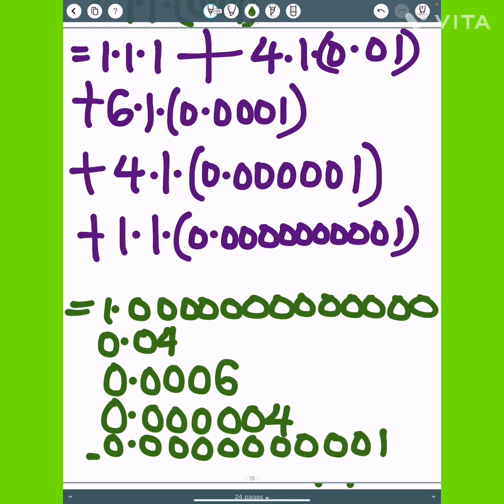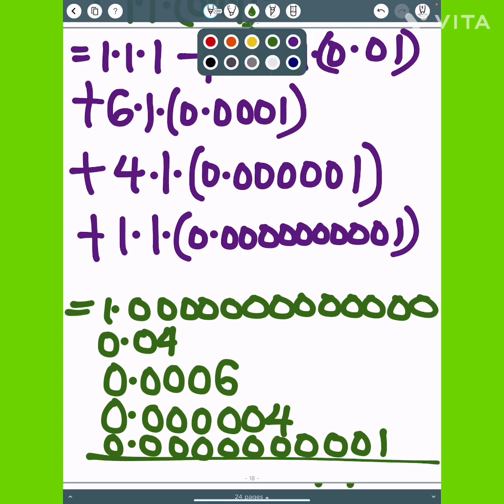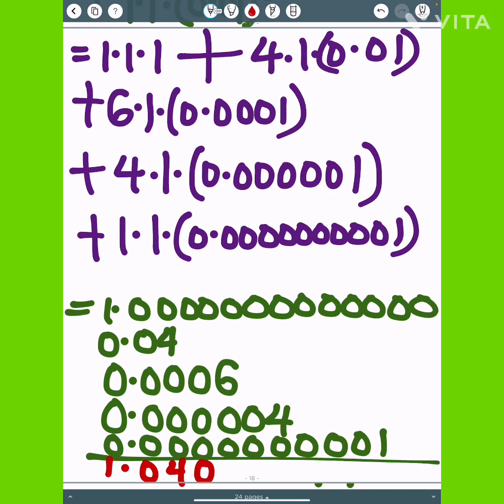So that's my value. What do I get when I put everything together? Let me change the color of my pen to red. I'll get 1.0406040001.